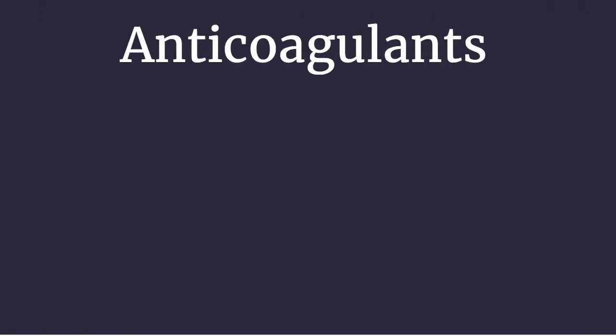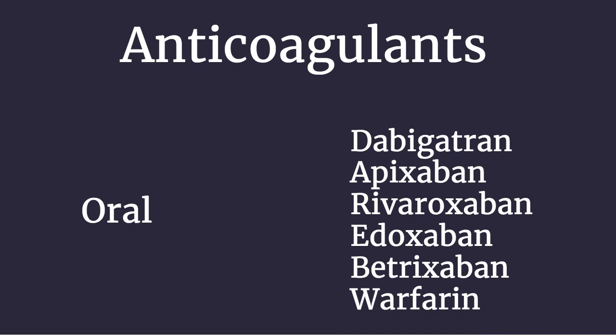So let's start with a brief review first. For our oral anticoagulant options, we have dabigatran, apixaban, rivaroxaban, edoxaban, betrixaban, and warfarin. So all of the details about them and the clinical pearls you can find in the previous video.